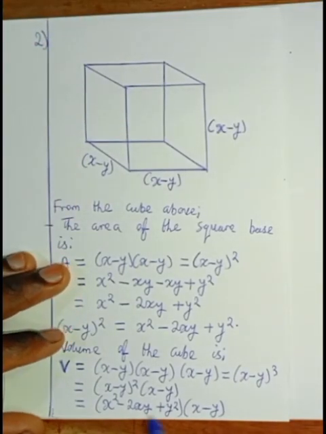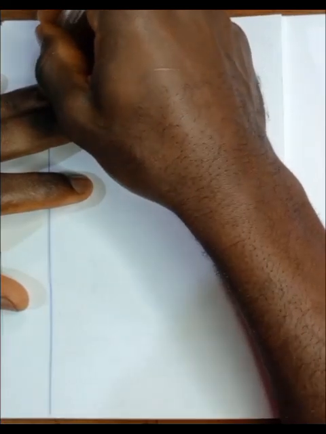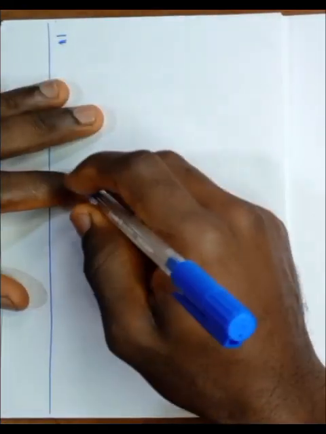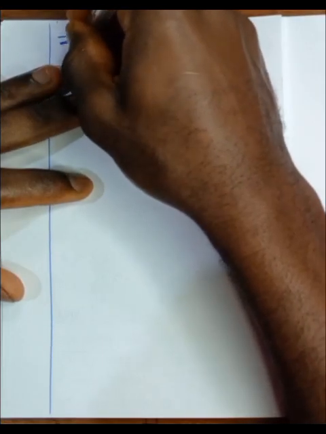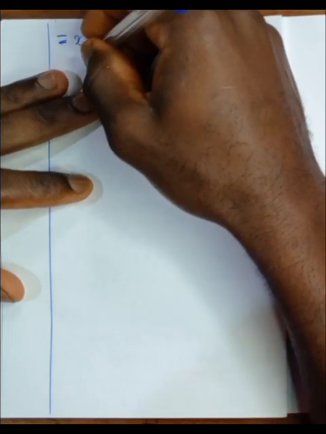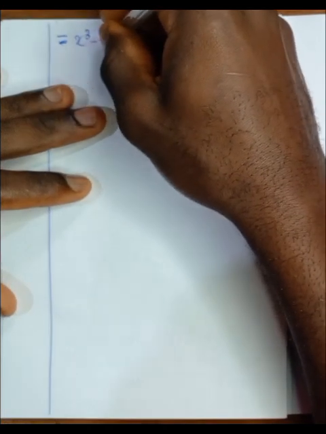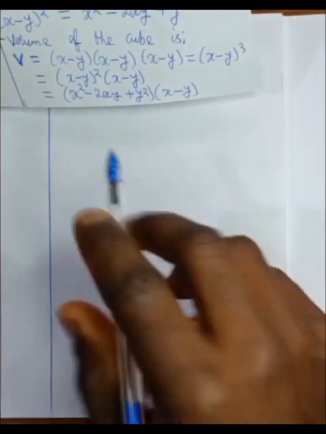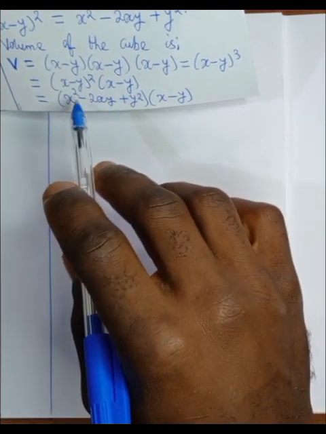Next step, we are going to expand the brackets. This will simply be equal to x squared times x gives us x cubed. X squared times negative y gives us negative x squared y. We move now to negative 2xy.